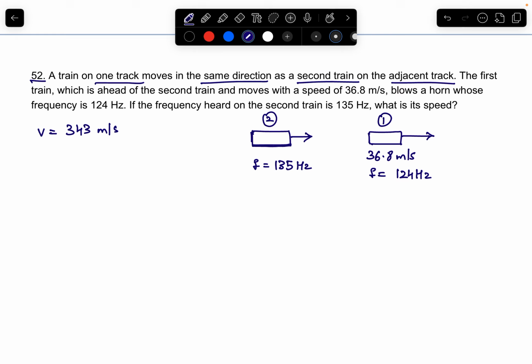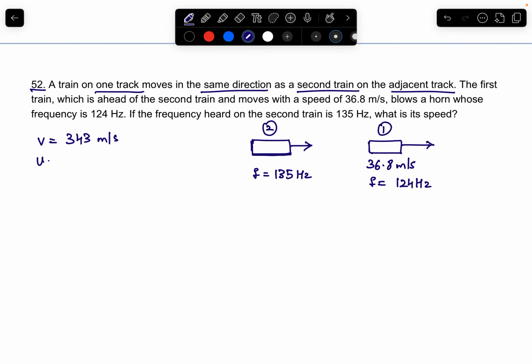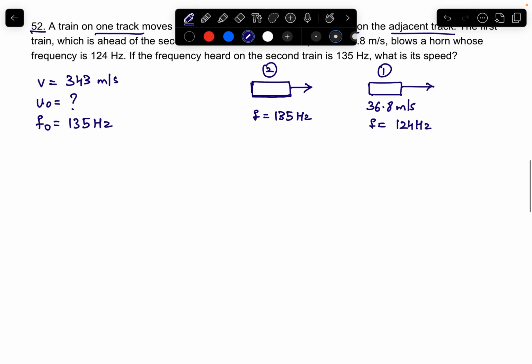My observer in this case is train number 2, so the observer's speed is unknown. The frequency heard by the observer is 135 hertz. The speed of the source is 36.8 meters per second, and the frequency of the source is 124 hertz.